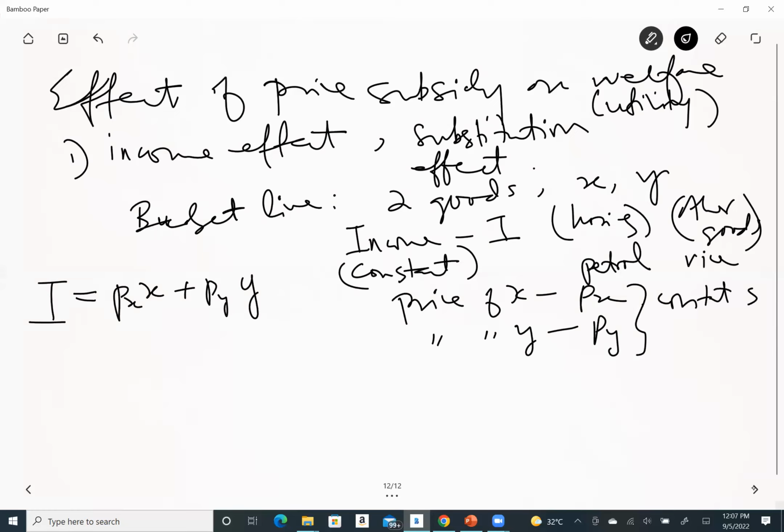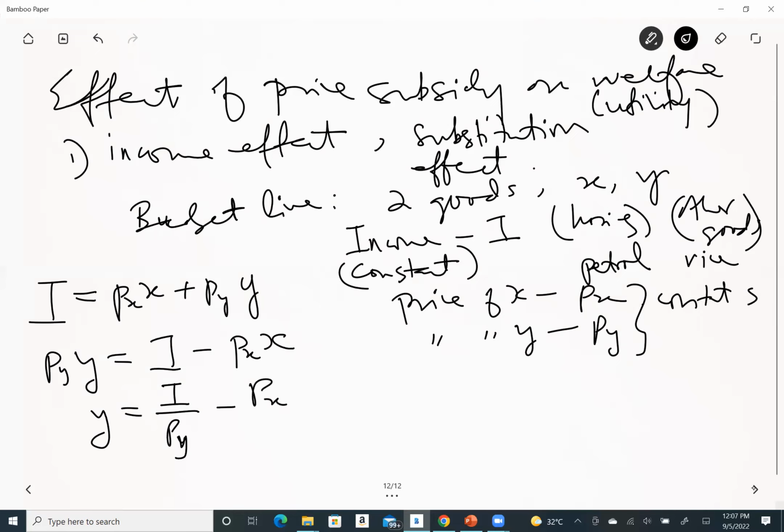So you can write it in terms of Y and X. You make certain adjustments, PY and Y, you bring to the other side, the PX and X, you bring to the other side. So in terms of Y, you have I over PY minus X over PY.